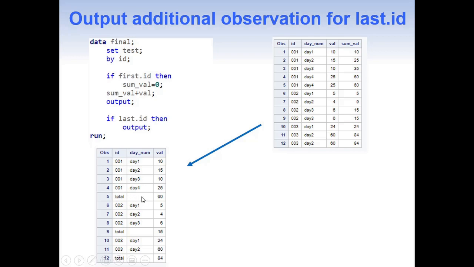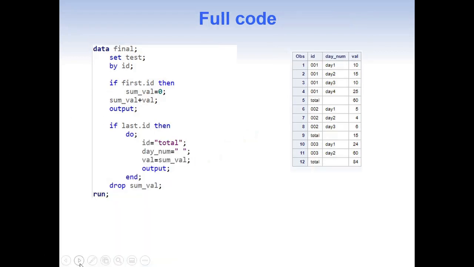Also, we want this day underscore num value to be missing, and we also want this val value to be overwritten by sum underscore val. All of this can be easily done in our if last dot id statement. Now let's see how we can do that.